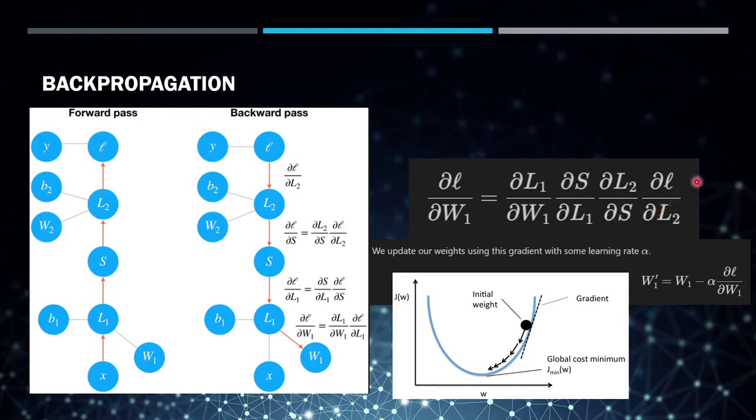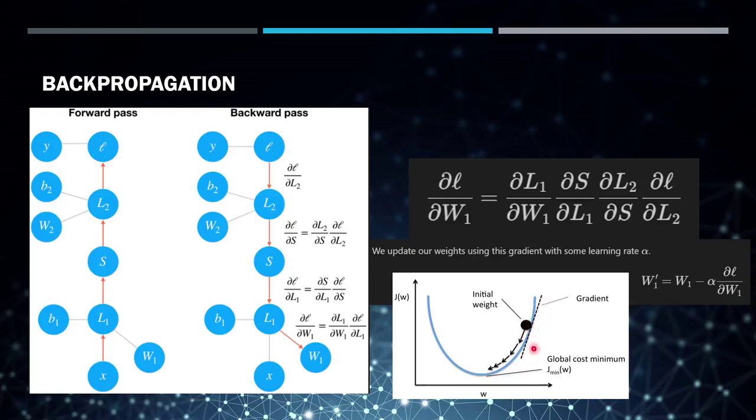You can use some optimization function, let's say gradient descent, which I have already talked about. So let's say we are trying to update this weight W1. The new weight W1 will be equal to the old weight W1 minus alpha times the slope. We are just trying to reach the minima. Let's say our loss function L has a minima here, and we are at this level.